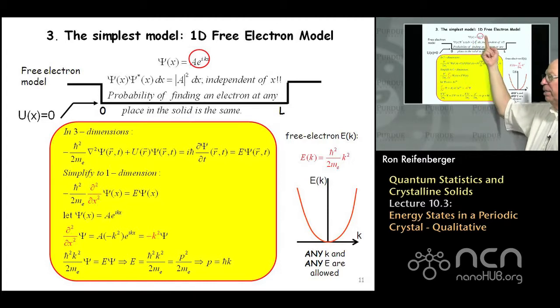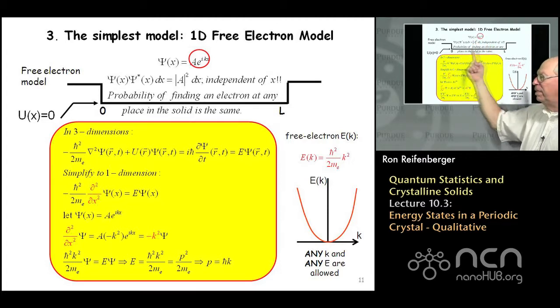It just simply means that this wave function is completely delocalized over this entire length of the crystal L. And if you want to find out the allowed energies that this wave function dictates, you have to insert that into Schrödinger's equation.